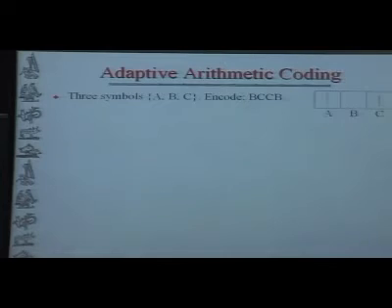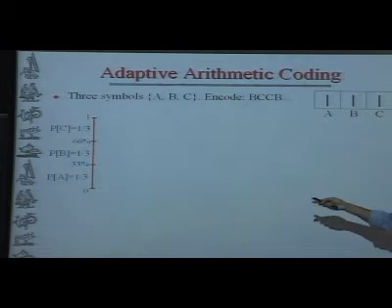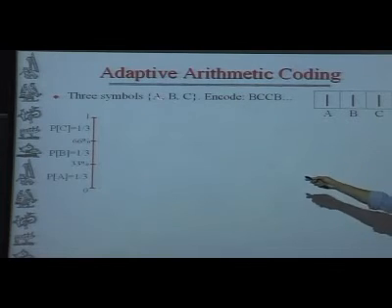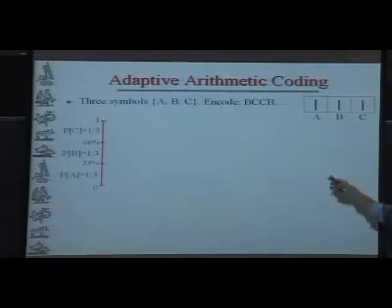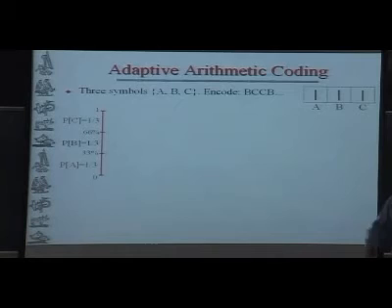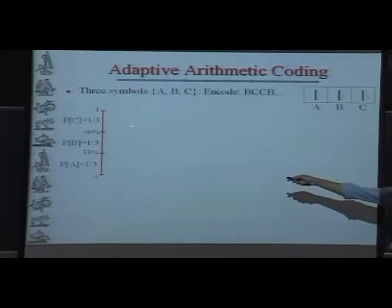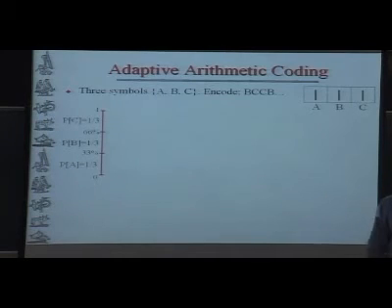As you can see, it's very adaptive. We did not make any assumptions on the behavior of the symbols. Automatically, we keep track of the occurring frequency of the symbols and let the arithmetic code figure itself out.